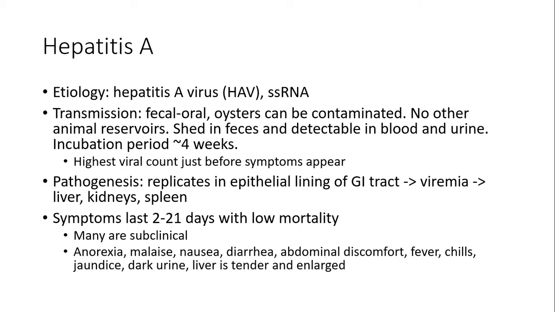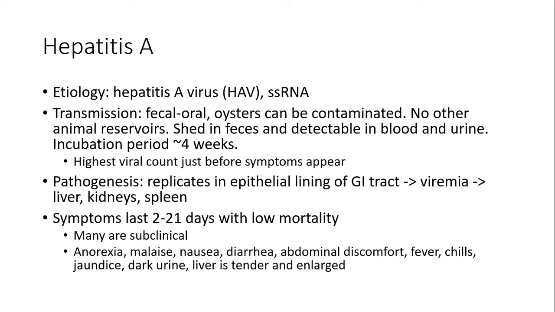For pathogenesis, this virus is going to replicate in the epithelial lining of the GI tract, then advance to the bloodstream to cause viremia, and then target the liver, kidneys, and spleen. Symptoms for this will last 2 to 21 days with very low mortality. In fact, many of these are going to be subclinical. People won't know that they're infected.